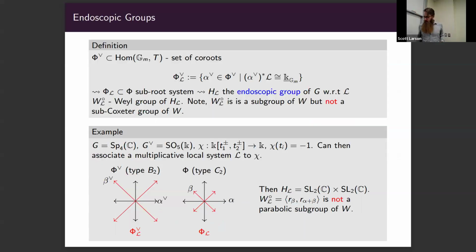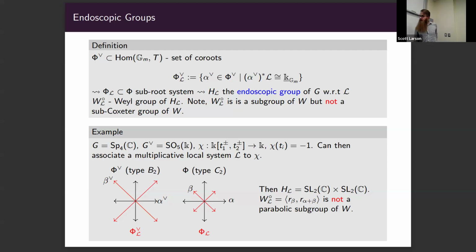So the next part is really concrete and hopefully should be a little bit refreshing compared to the abstract sheaves and whatnot that we had before. But the main idea is that, associated to any of these multiplicative local systems, I want to construct some smaller group than G, and this is called the endoscopic group.